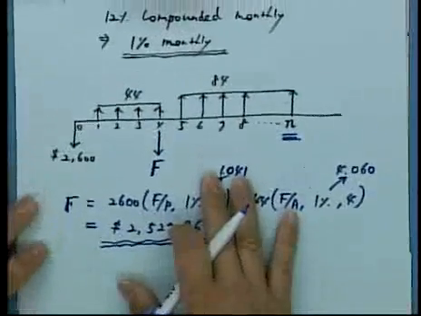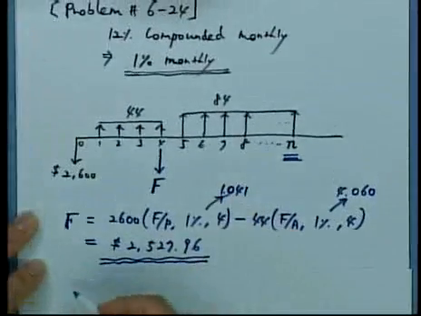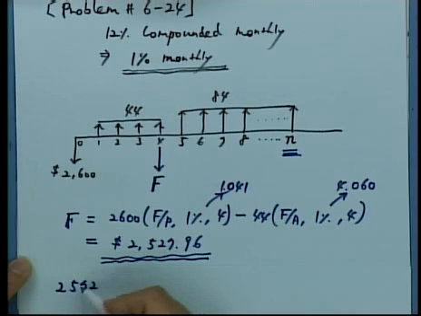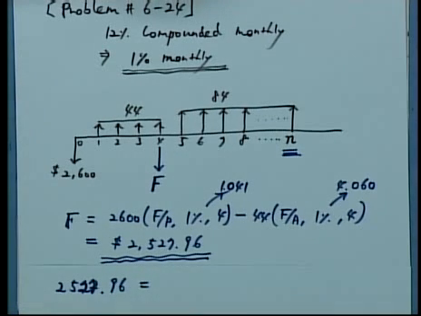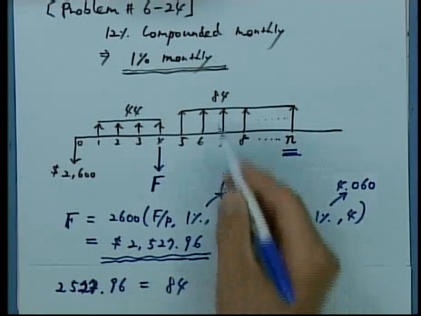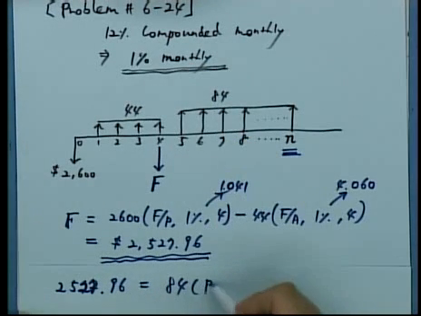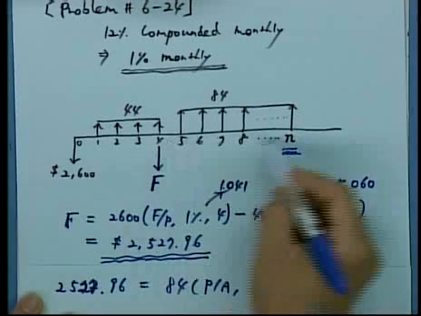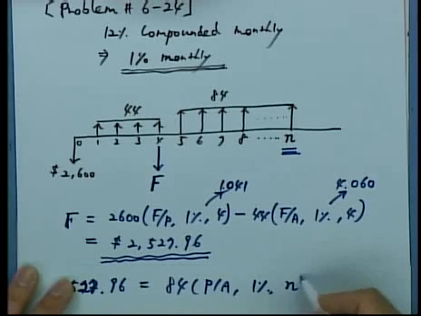So here we have $2,527.96 is equal to $84, and P given A 1% over N periods. Okay?